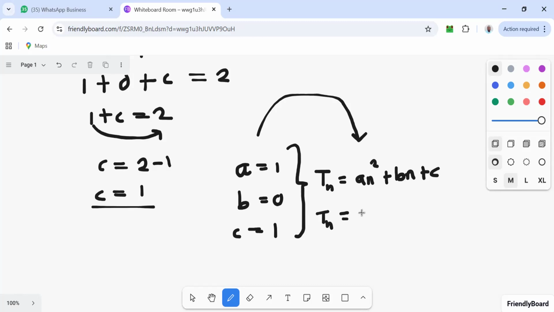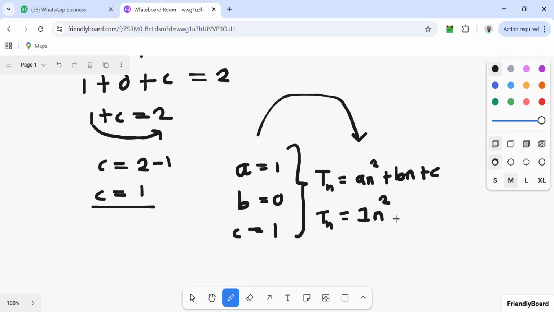So I would write it as 1n squared, but mathematically, we don't need to write 1n squared, but I'm just going to write 1 so that you see that there is a 1. See, there's no need for us to write that 1 anyway. Just leave it as n squared, but I'm just going to put it there for you to understand.